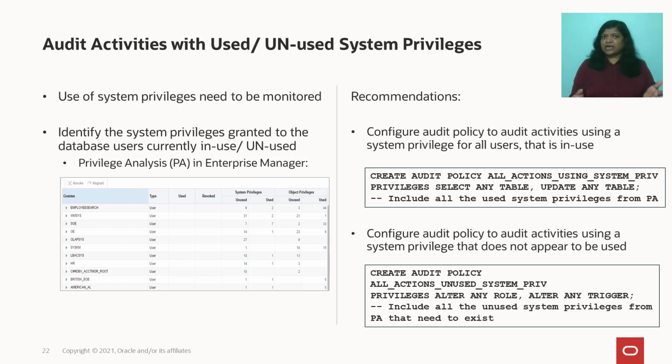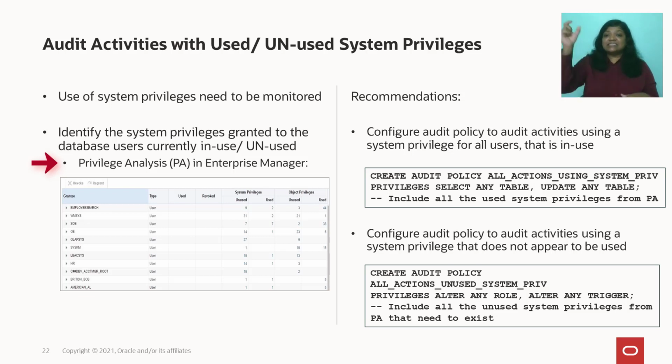But most of the time, users may simply tend to accumulate these system privileges over time, or they are granted explicitly to avoid the risk of failures due to lack of access privileges, which can then potentially be abused. Identify system privileges and their grantee information using privilege analysis, a feature of Oracle Database Enterprise Edition.